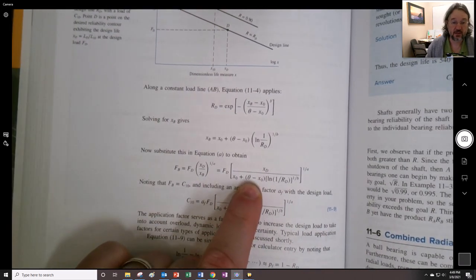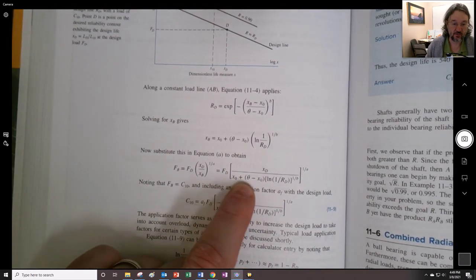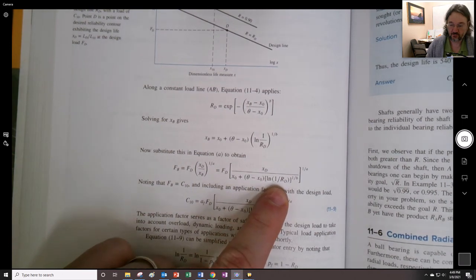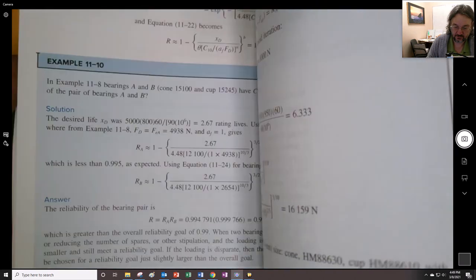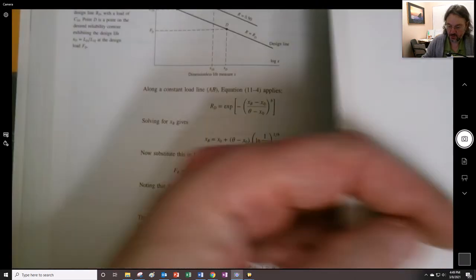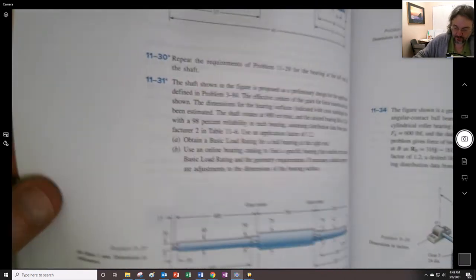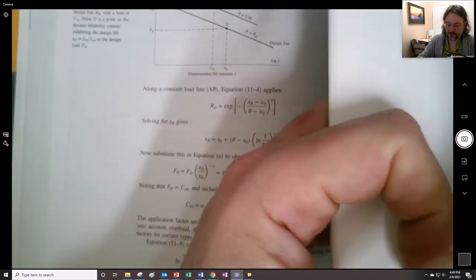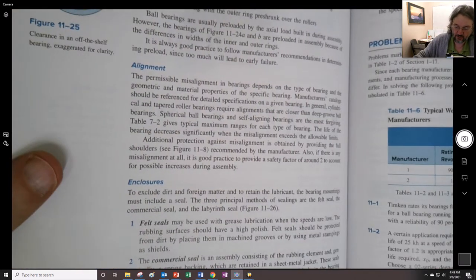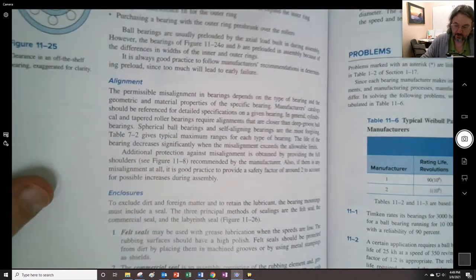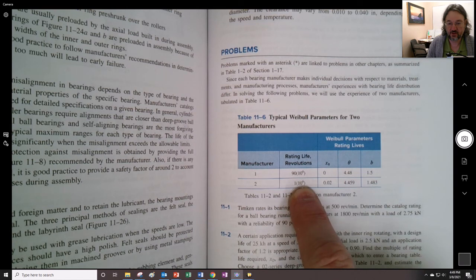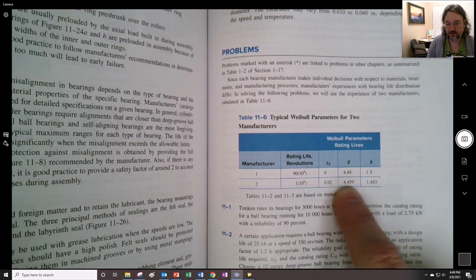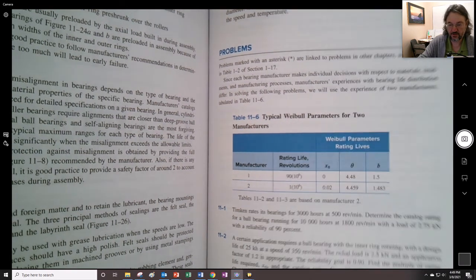And we need to use the Weibull parameters from Table 6. And they are right here. So we find the Weibull parameters for the reliability, this is manufacturer 2, and we're basing it on 1 million cycles.